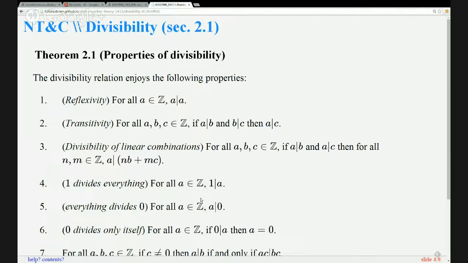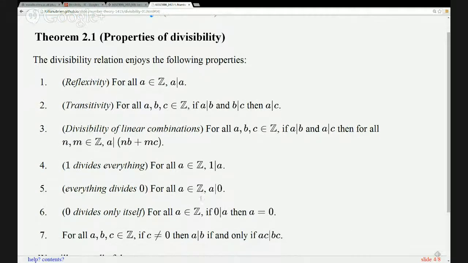Right. In common with a lot of mathematics, as soon as you introduce a new idea, you want to know what properties it has. So we've defined this relation of divisibility, and it's key to the idea of a prime number. It's key to an awful lot of the number theory we'll be looking at.